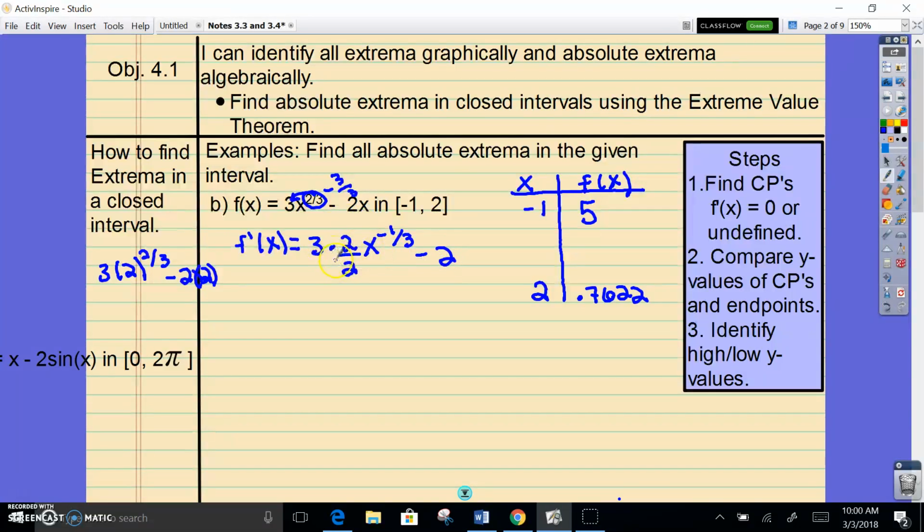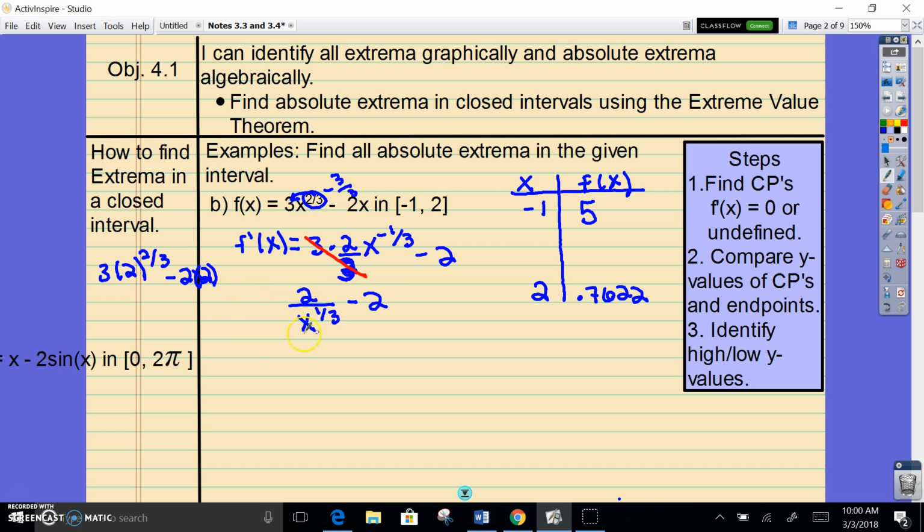I'm going to clean this up a little bit. Looks like I put a 2 here when it should be a 3. Those 3's go away, and this becomes 2. And I'm going to bring my x down. Now it's a positive exponent, minus 2.